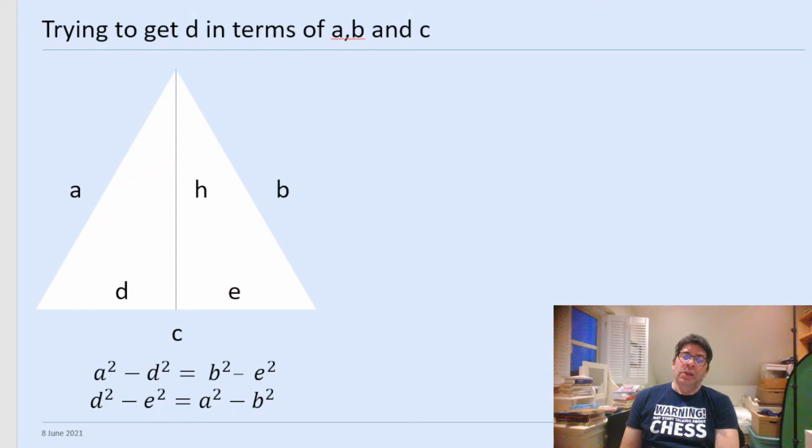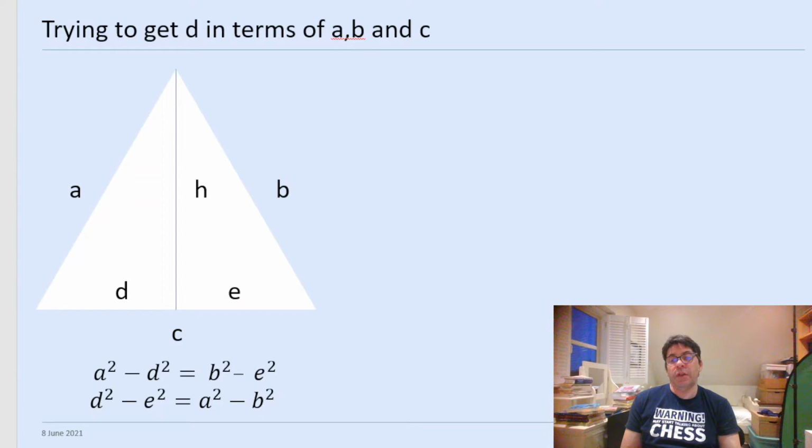Before we get h, we're going to get d. By Pythagoras' theorem, a squared equals d squared plus h squared, and b squared equals e squared plus h squared. This means that a squared minus d squared equals b squared minus e squared, and they both equal h squared. If we rearrange, that tells us that d squared minus e squared equals a squared minus b squared.